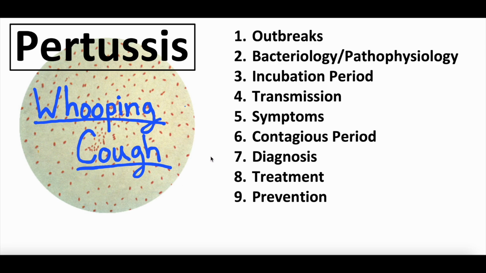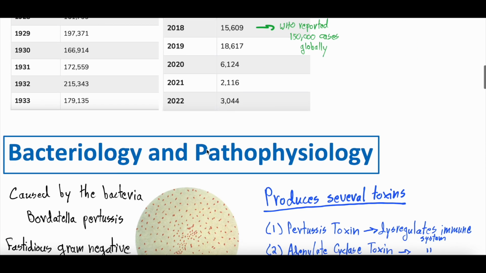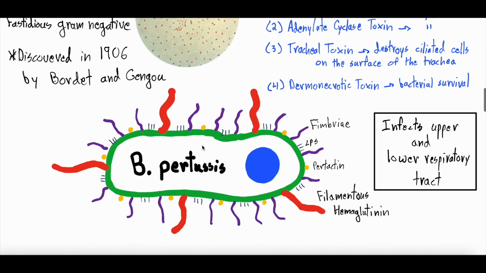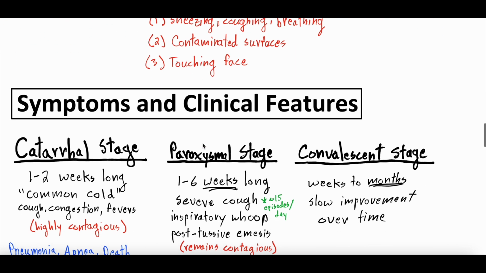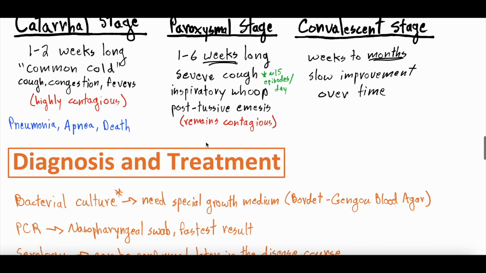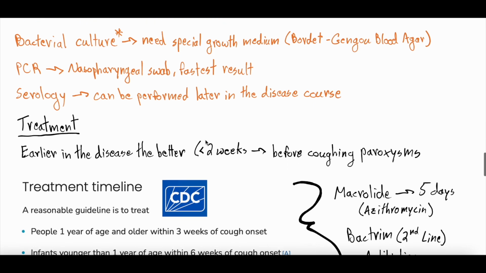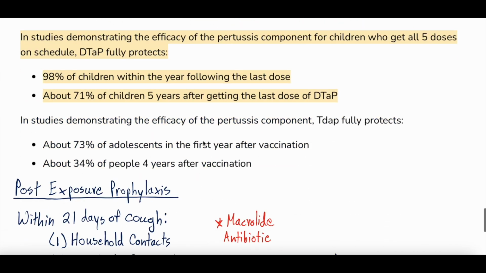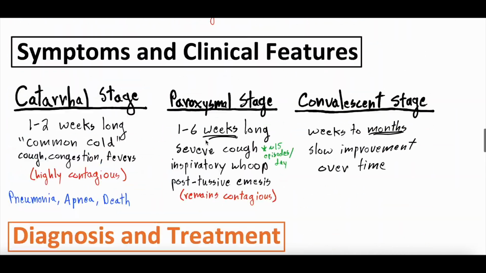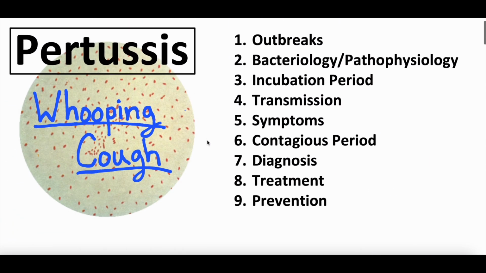We're going to particularly be diving into outbreaks in the past, how things have changed over the years, the bacteriology and pathophysiology of what pertussis is, what causes it, the incubation period, how you transmit it, the symptoms and clinical features, including the 3 different stages, the severity, why it can be deadly to different people, how to diagnose it, the different ways to treat it, as well as the different preventative steps, including vaccination, post-exposure prophylaxis, and hygiene methods to prevent getting it. This will be hopefully a good kind of basics foundation for understanding pertussis.